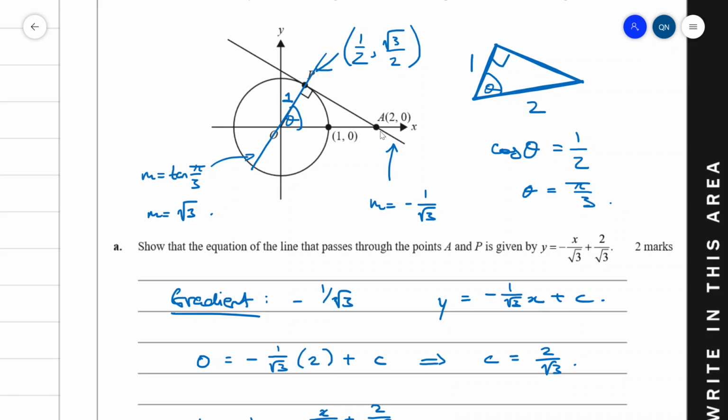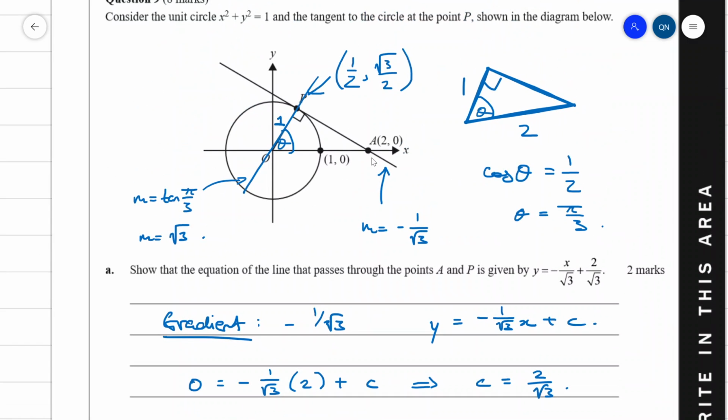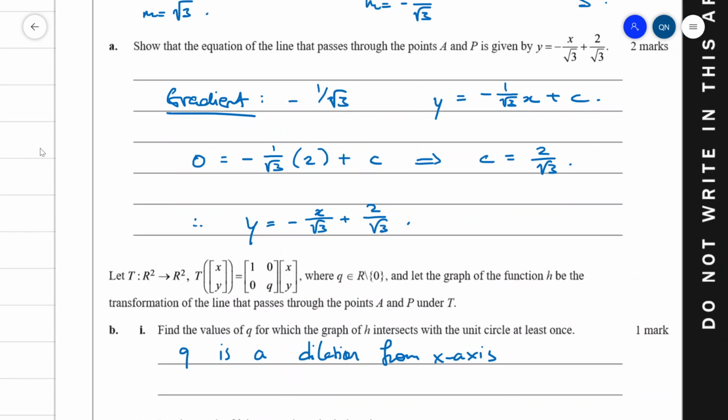Notice that no matter how you transform it under this transformation, the point (2, 0) is always going to stay fixed there, because if you're on the x-axis, no matter how much you dilate from the x-axis, you stay on the x-axis. What's really going to move is the whole line. So this line's going to pivot around the point (2, 0). So what are the possible pivots for which this line intersects the circle at least once?